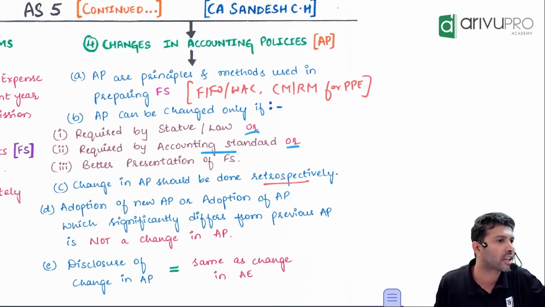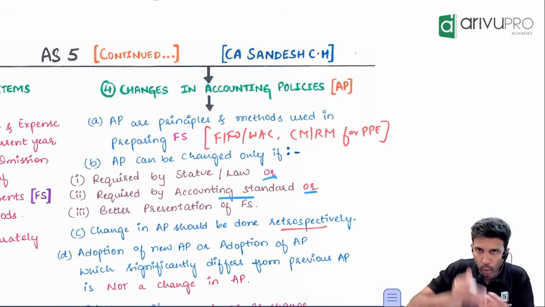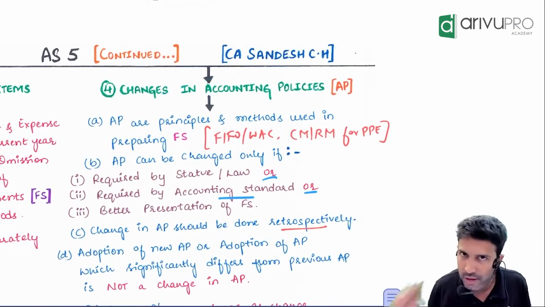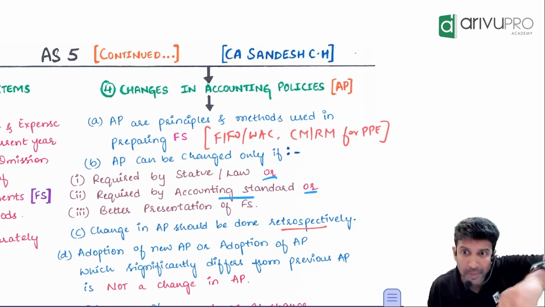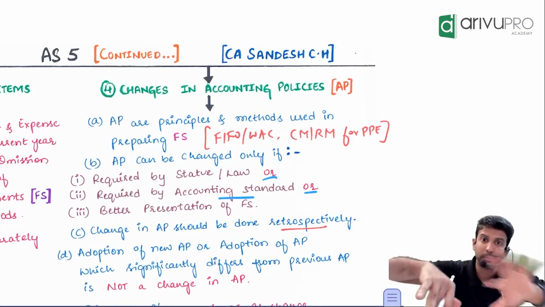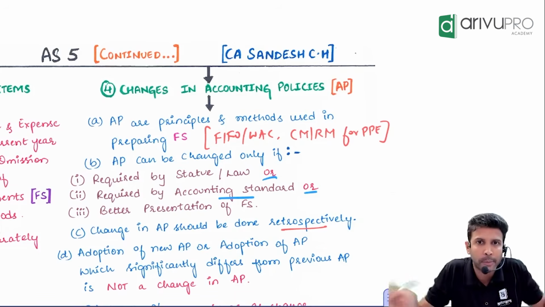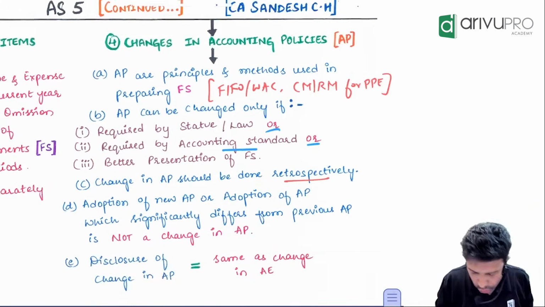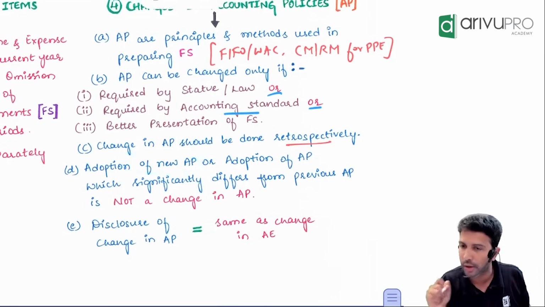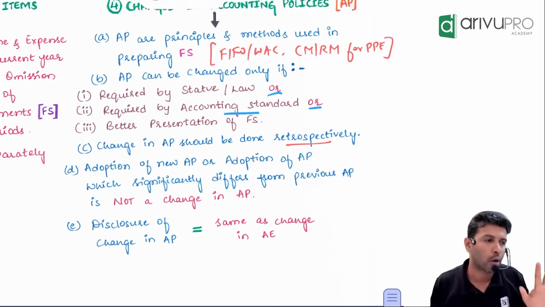Earlier, did I have a scheme or no scheme? Can I say I have done an accounting policy change? No. For an accounting policy change, something should already be existing. If you have replaced an existing policy with something else, then we say you have done a policy change. So if you adopt a new policy altogether in the current year, it is not a change in accounting policy.